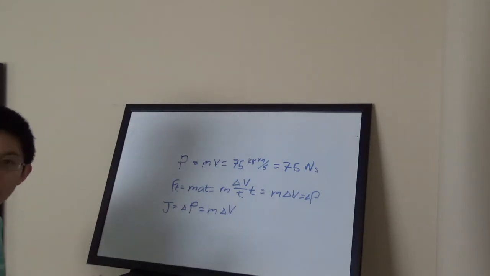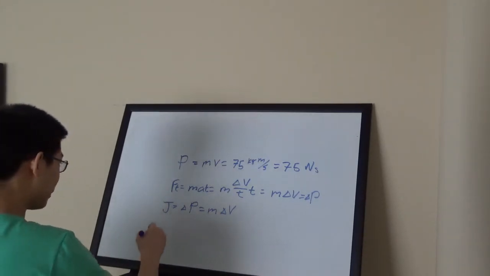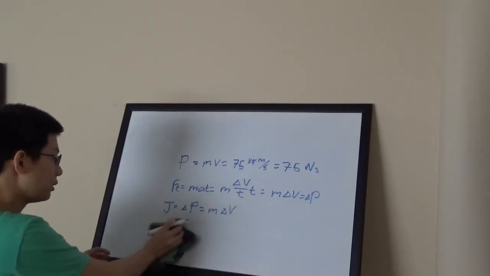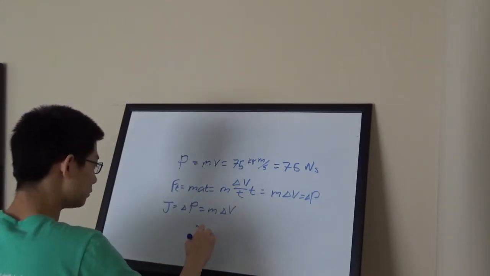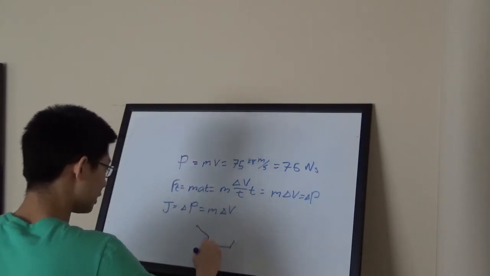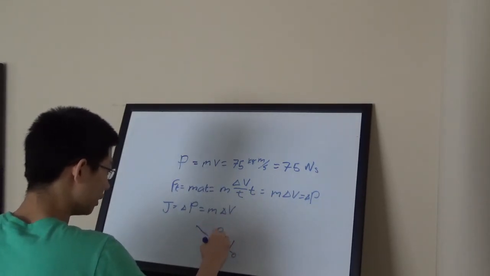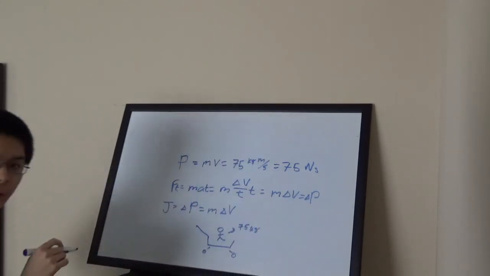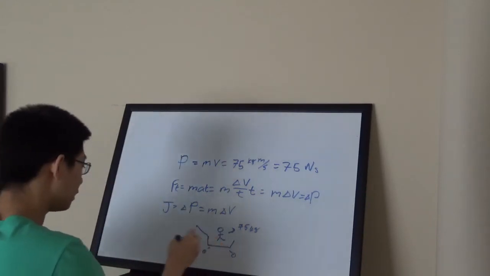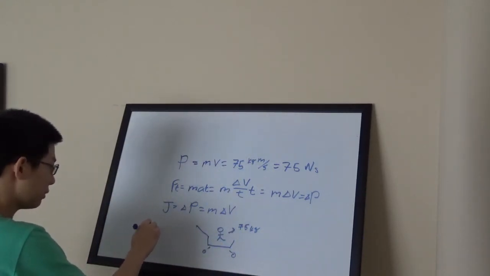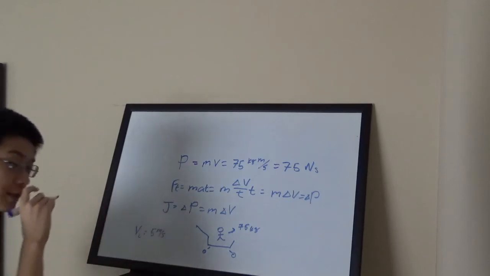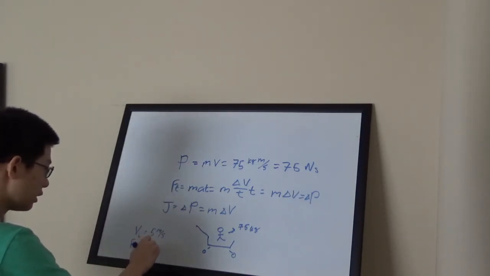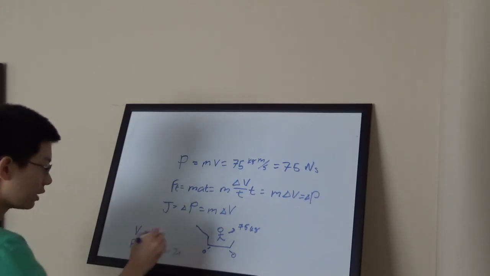Let's say I'm on a shopping cart, and I'm still my 75 kilograms with the shopping cart, and my initial velocity was maybe 5 meters per second. And let's say I applied a force of 10 newtons for 2 seconds.